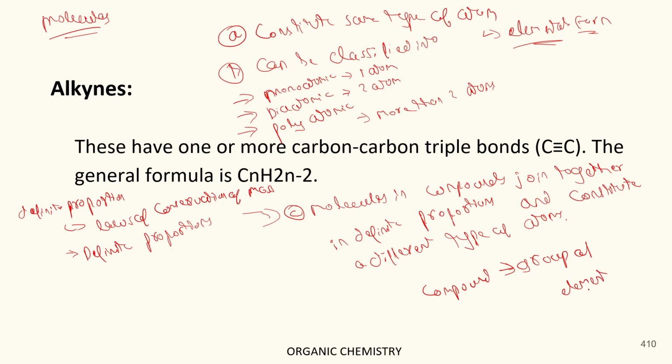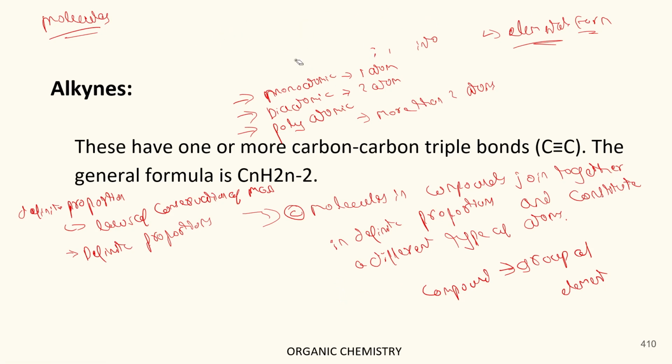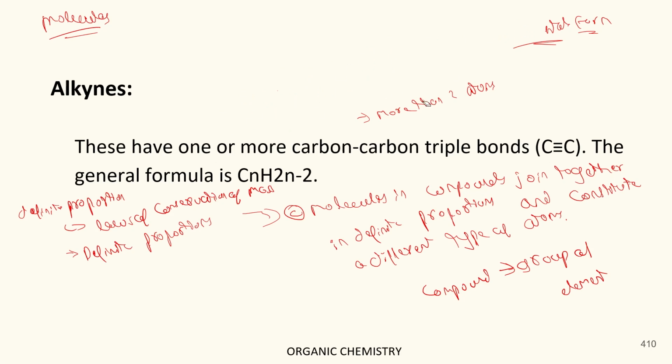So basically, in the compound form, there is more than one element, so the atoms and the molecules formed inside the compound may constitute different atoms. Okay, so this is about the molecule.